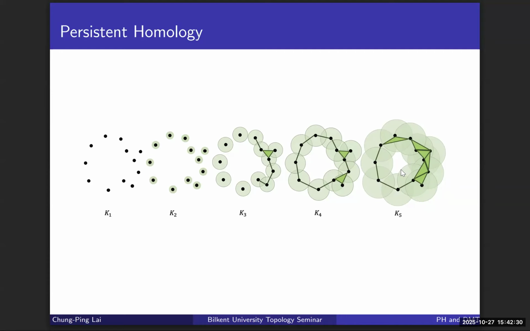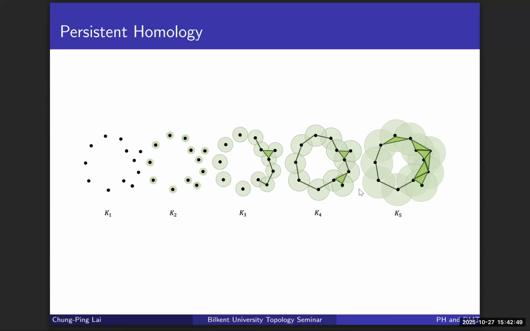So obviously, no, I shouldn't say obviously ever, but here the radius for K4 and K5 seems to be the best radius in terms of making the ring show.